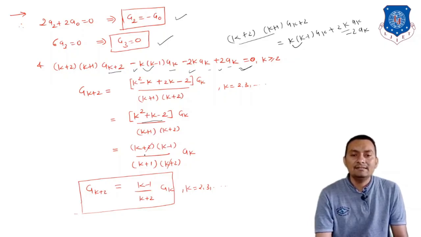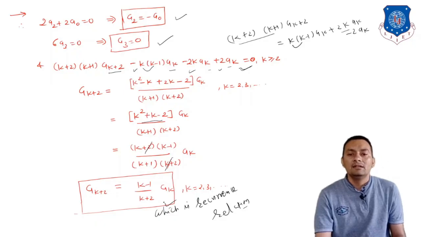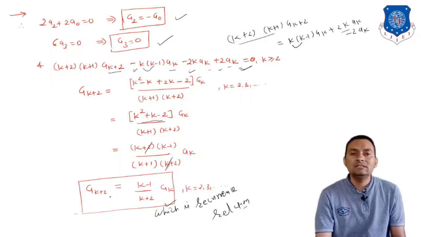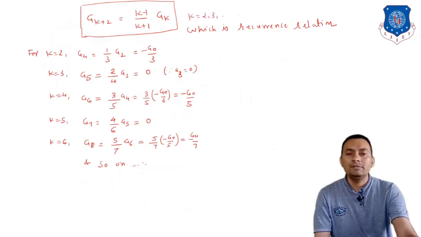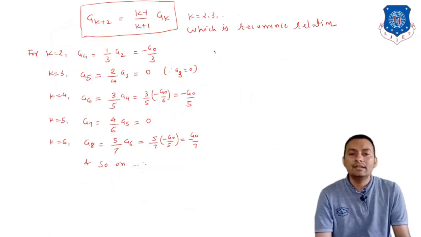Now you can factorize this one, k plus 2 is going to be eliminated, so we will have this one, and this is what the recurrence relation is, and using this what you can obtain, k equal to 2, so in that case a4, k equal 3, a5 and so on, and obtaining all these values you can verify whenever it is required.